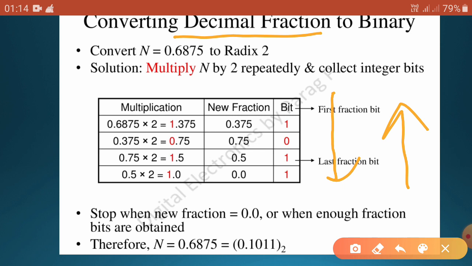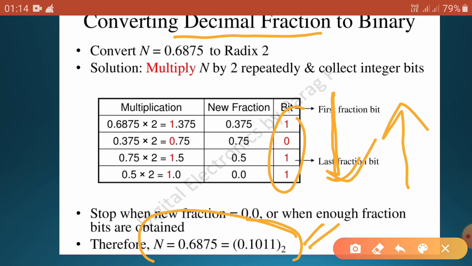So if the decimal fraction is 0.6875, it gives us 0.1011, taking it from top to bottom, 1011 in the binary number system.